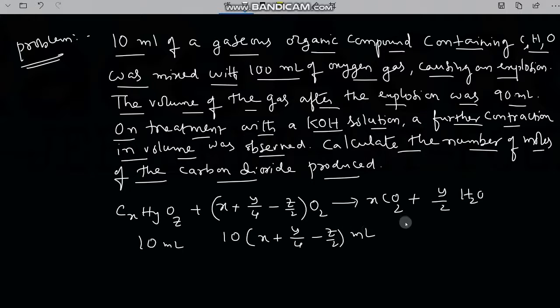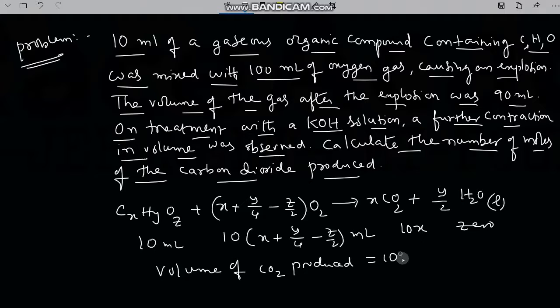At that time, carbon dioxide will become 10x, and the water volume will be 0 as it is liquid. Now you can easily tell the volume of CO2 produced is 10x.